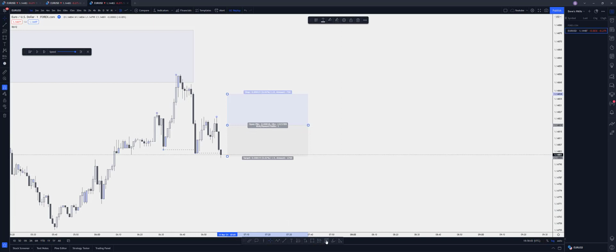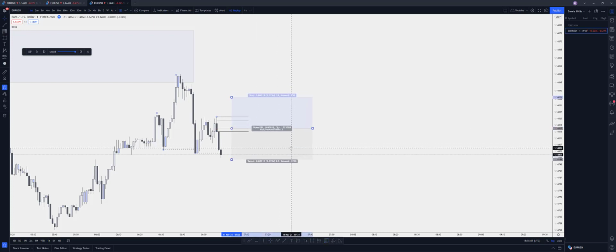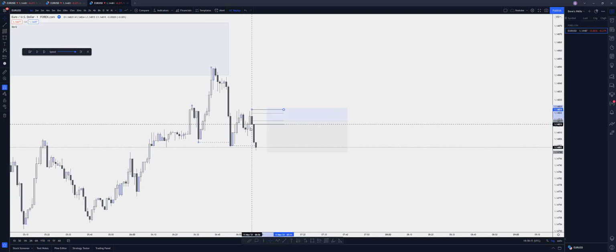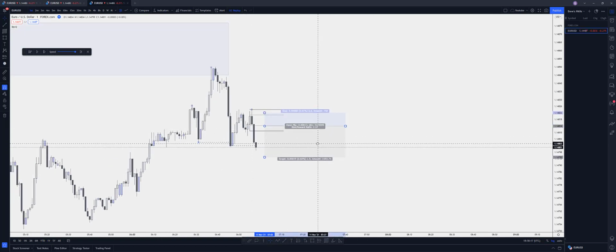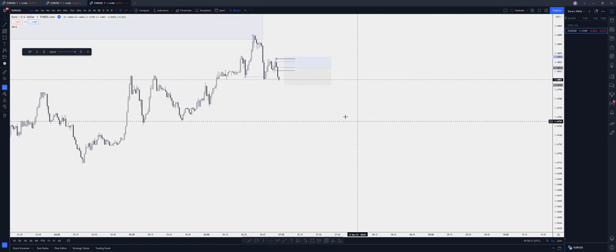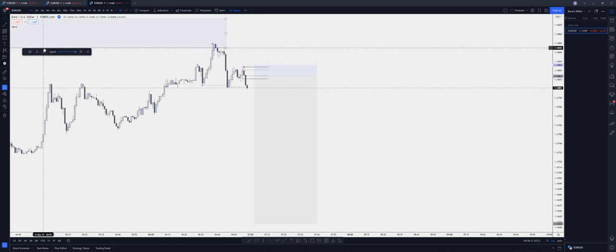And what I like to do, this is going into different stuff again, is put my entries on the fib, 25 of the fib. I think I would actually go for that. Just cover the high there, and then target whatever.